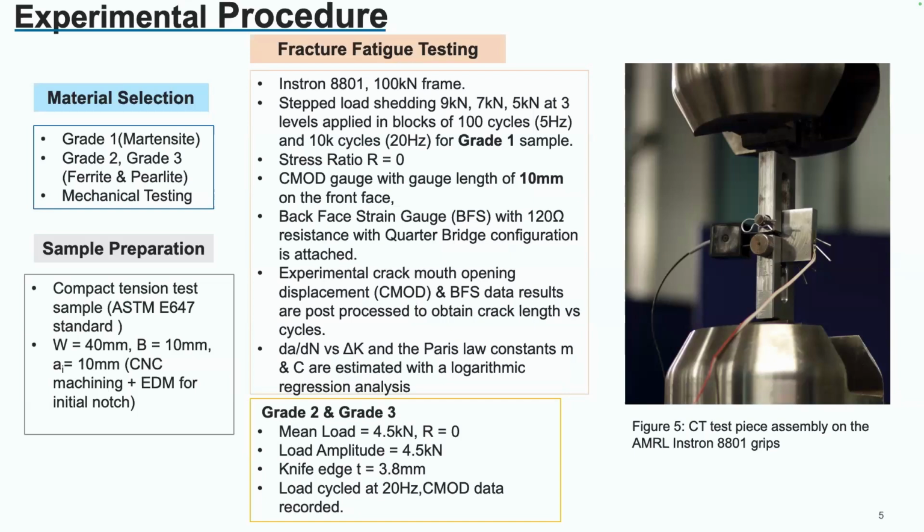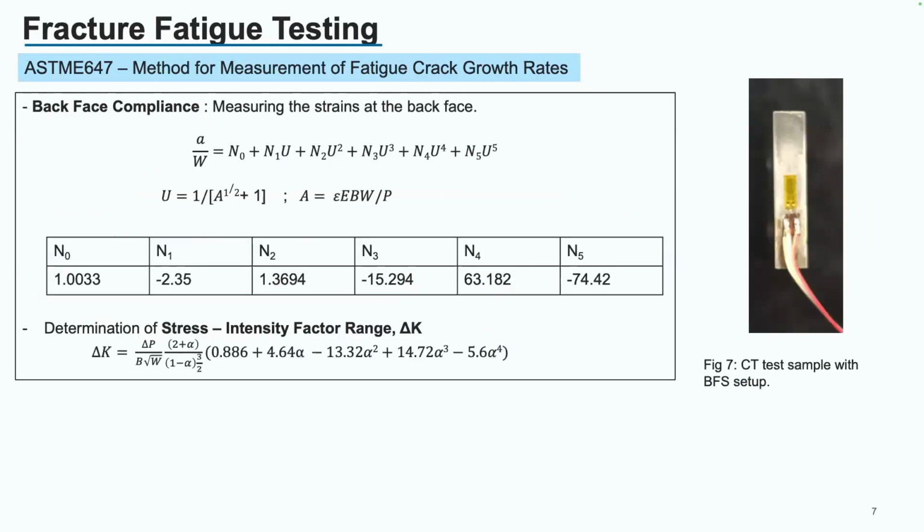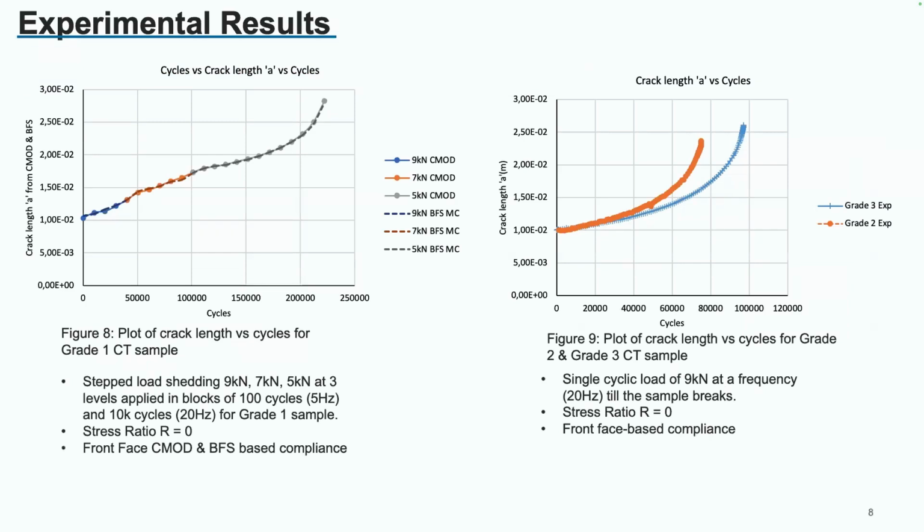That gives my Paris law constants m and C. This is from the ASTM E647 standard, and it's pretty direct. Once you open the ASTM standard, you get the different methodologies you could use to measure the crack length. So I will not speak more on that; you could refer to the standard.